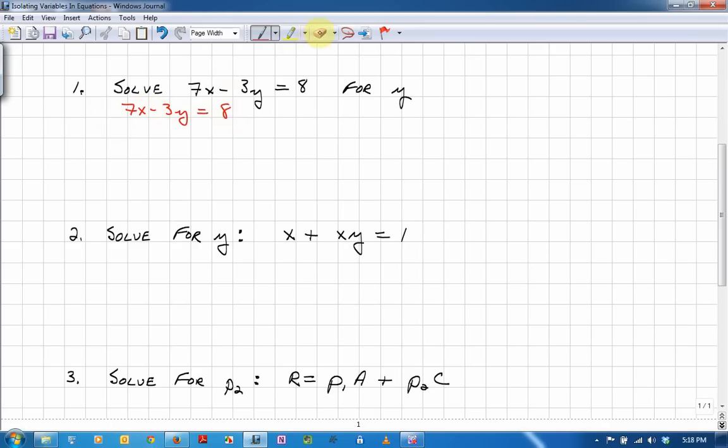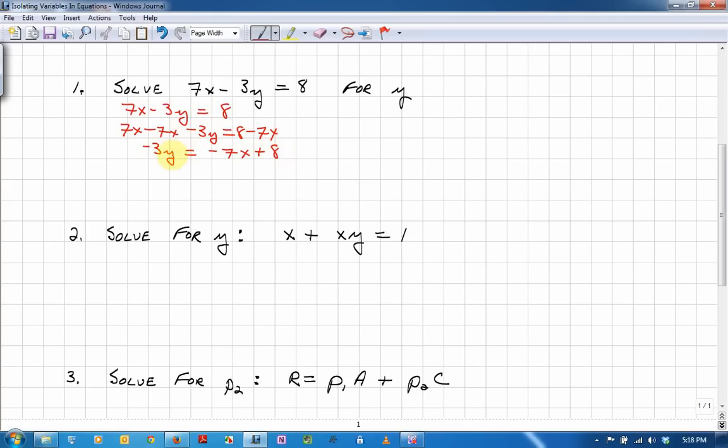So I would have 7x minus 7x, and there's my minus 3y is equal to 8 minus 7x. Now I'll have minus 3y is equal to a negative 7x plus 8. I moved the minus 7x term in front of the 8, just because I like it there better. That's more of a standard form of how we write things.